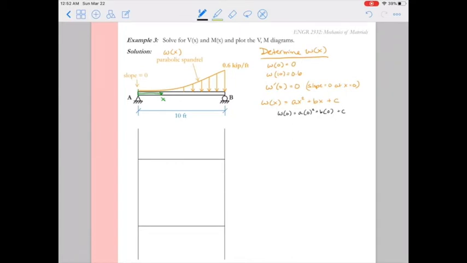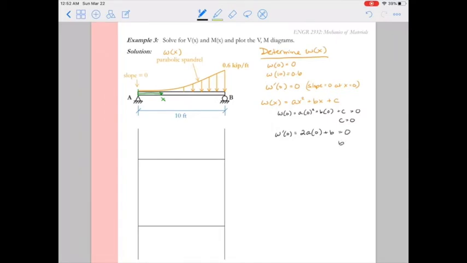So I start with the first condition, omega of 0, and I plug in a times 0 squared plus b times 0 plus c equals 0. That basically says that the constant c has to be 0. Next, I'm going to do omega prime, so just take the derivative. This is going to give you 2ax, or 2a times 0, plus b.